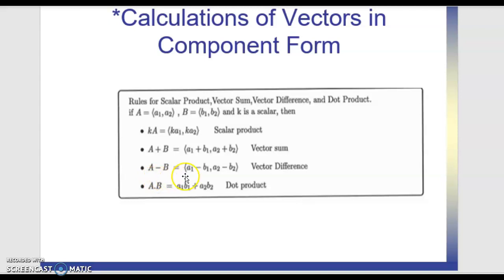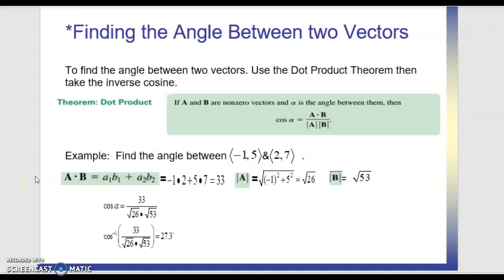To subtract, first component of both vectors we subtract, a sub 1 minus b sub 1, and then we subtract the second components, a sub 2 minus b sub 2. We will be using some of those formulas in our final problem for today.